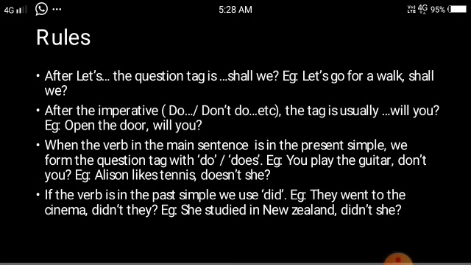Next point. After the imperative, when you're giving a command, do or don't do something, the question tag will be will you. Open the door. Will you?